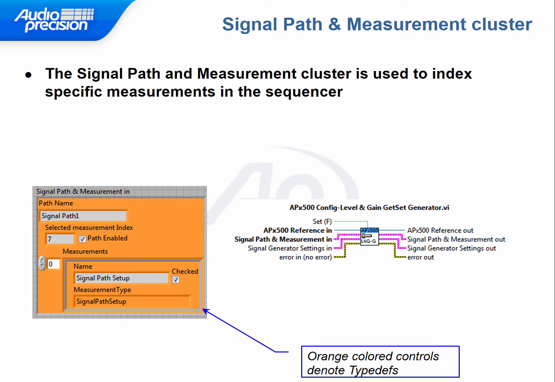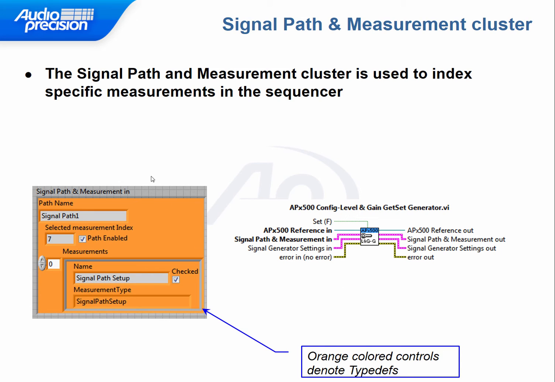So if you have used a custom control in a number of places in your driver or your VI collection, if they are a type def control and you want to change the nature of that control, for example, let's say you have a cluster control that has 10 elements in it and you want to add another element, if it's a type def control, you can add that element to the type def and it will propagate all the way through your VI collection. So it's very convenient in terms of managing the code.